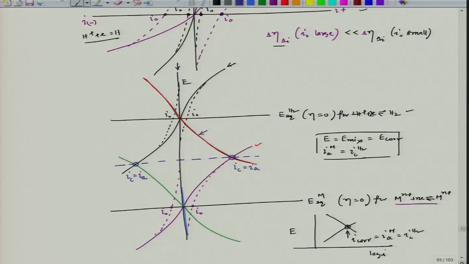Since this becomes IC in this case, and in this case this becomes IC, and this is IA and this is IA. So, it is basically, since the green one is the mirror image of this line, and this is the mixed potential.